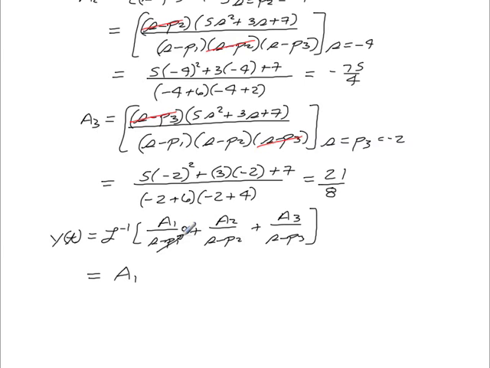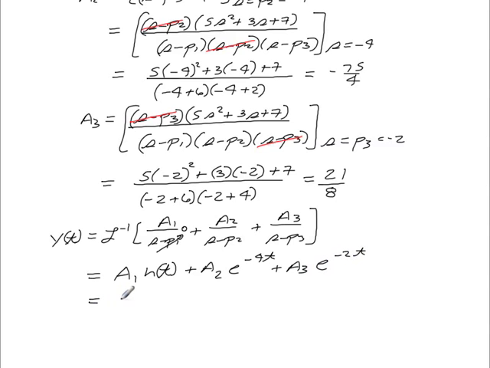The inverse Laplace transform of 1 over s is a step function, h(t). A2 is multiplied by the inverse transform of 1 over s minus p2, which is e to the minus 4t, plus A3 times the inverse transform of the last term, which is e to the minus 2t.